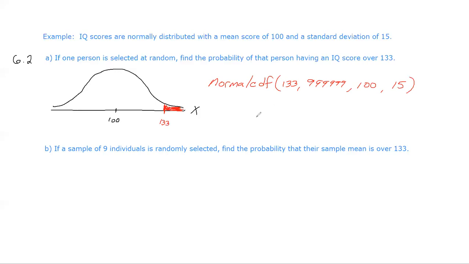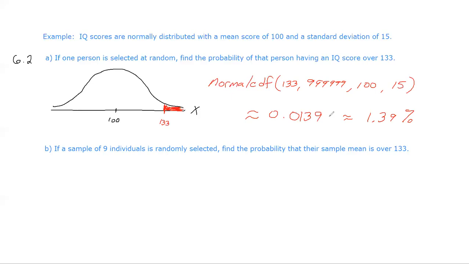And this is going to give me a value that, rounded to a couple decimal places, is 0.0139. So this is about 1.39%. So a very low probability that a randomly selected person is going to have an IQ greater than 133 if that mean and the standard deviation are correct.